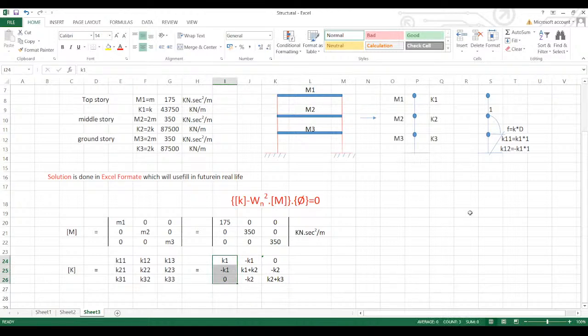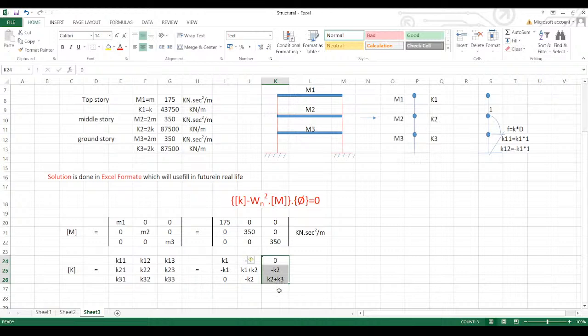And here is how we check: the summation of horizontal forces is equal to 0. The summation at position 1 is K1 minus K1 equals 0. And similarly the next sum is 0, K1 cancels, and this sum is also 0.